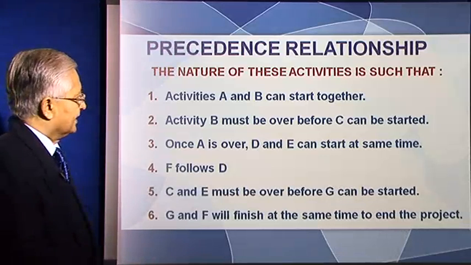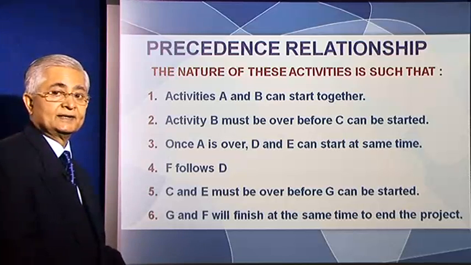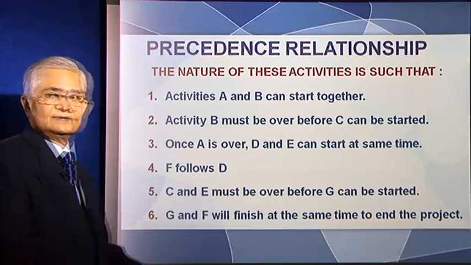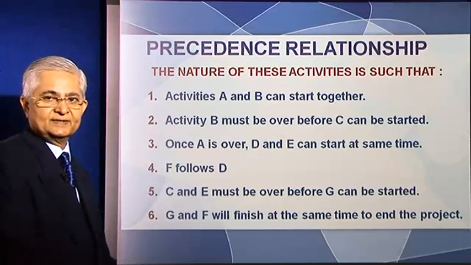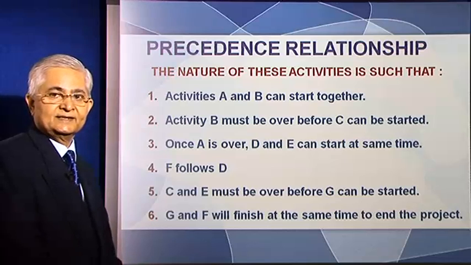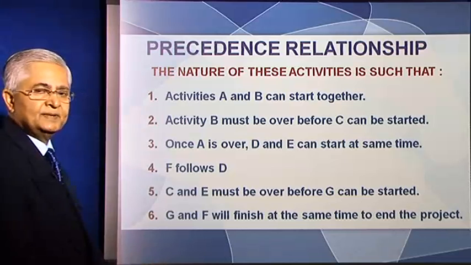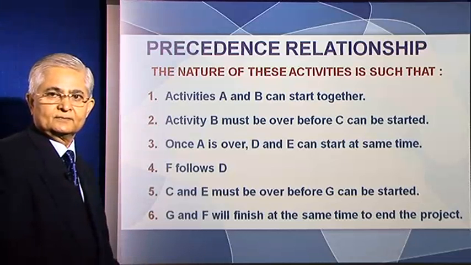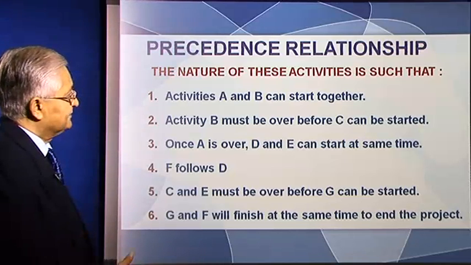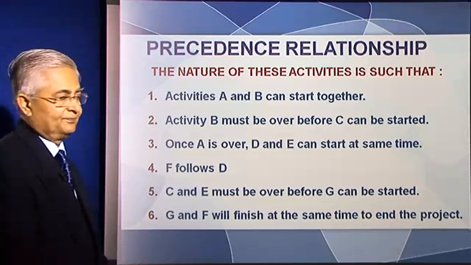Okay, now you will recall activity A was looking at competitive spread in that segment. Activity B was looking at dealer needs. Now clearly activity A and B can start together. Activity C was initiating a dialogue with dealers.